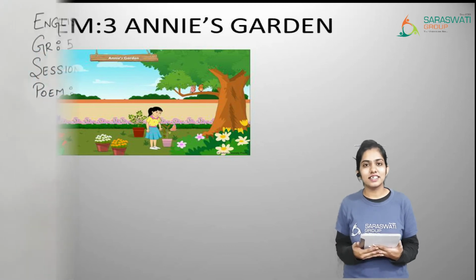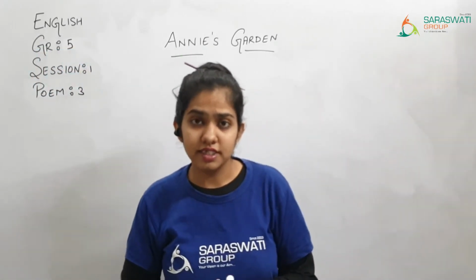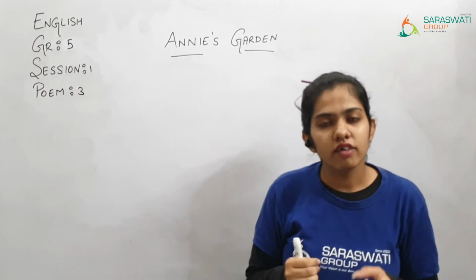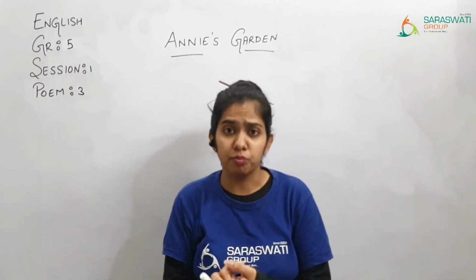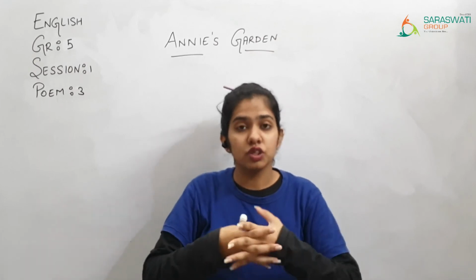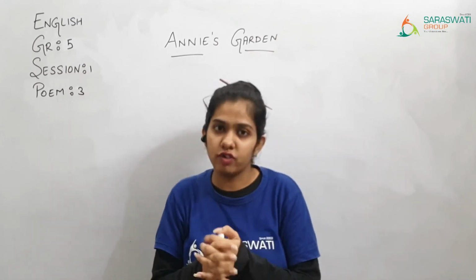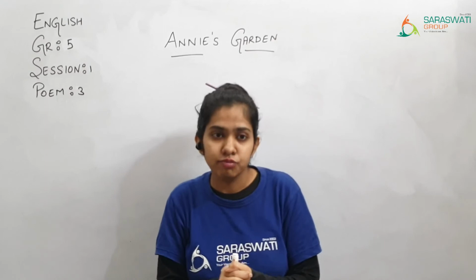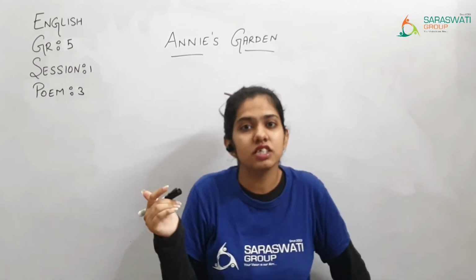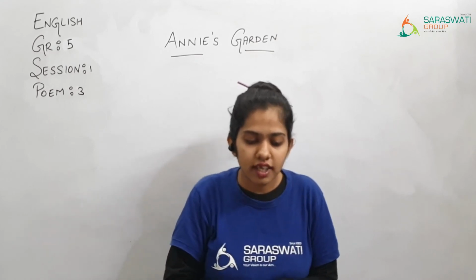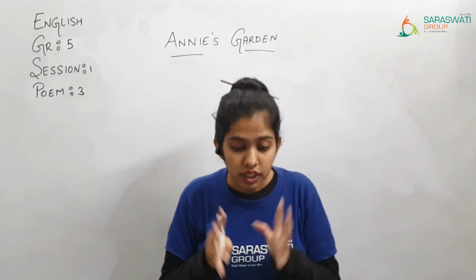So let's get started. Okay, so students, you have already seen the vocabulary words, you have already understood the poem, and you have already understood the question answer of this poem, and you have also seen the video, right? Now we are going to start with an exercise. There is one exercise in your textbook, that is, look at the words in the poem.